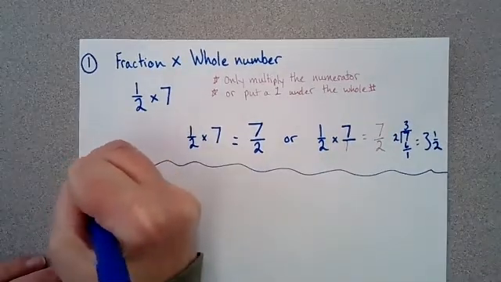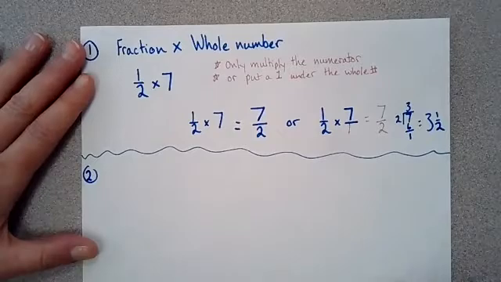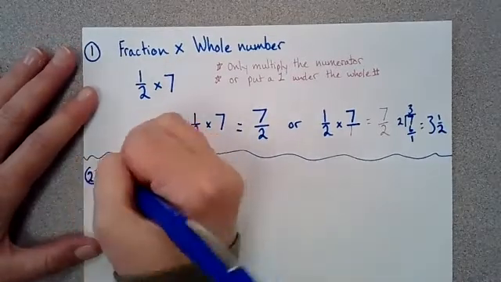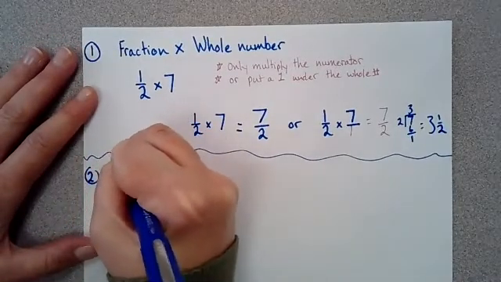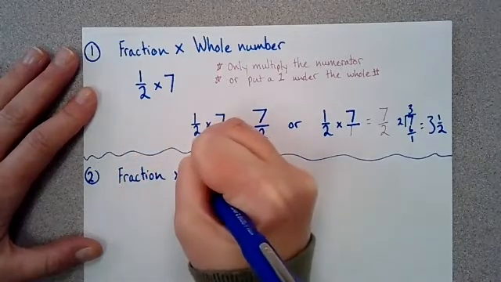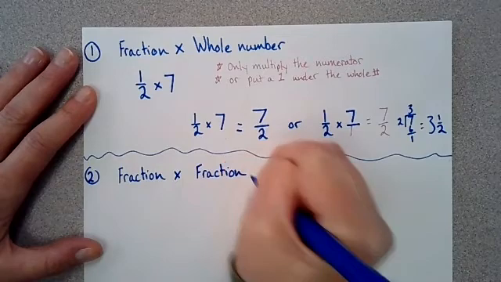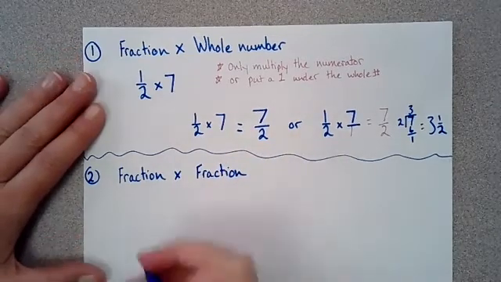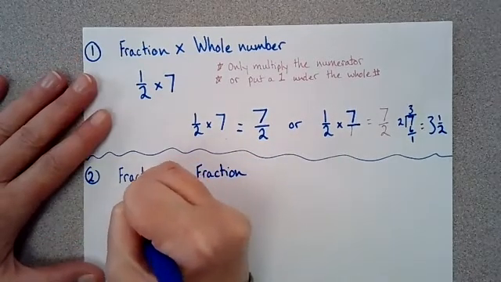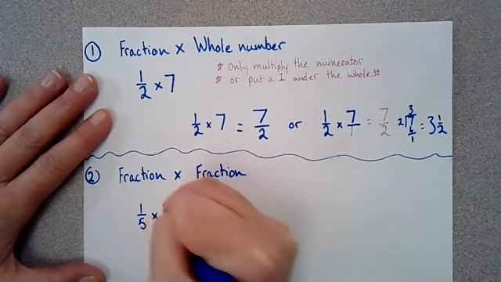Way number 2, the second way that you might see a fraction multiplication. What if I give you a fraction times another fraction? Okay, what do you do when you see that? Okay, so what if I have like 1/5 times 2/3?